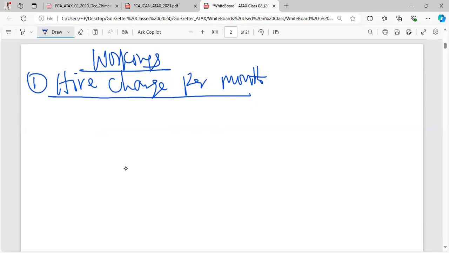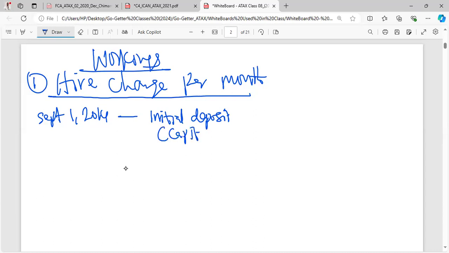So it means that on September 1, 2014, initial deposit is a capital payment. How much is the initial deposit? 2 million naira. That's a capital payment.